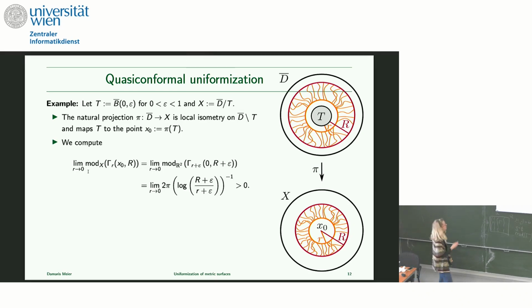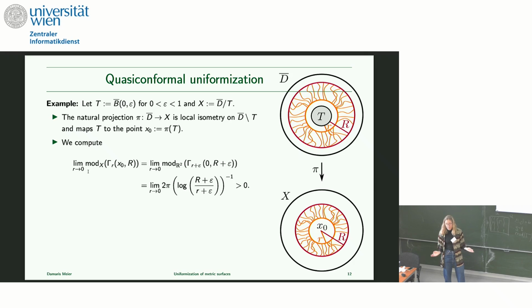And what we compute is the following. We can observe that because it's a local isometry outside of T, the modulus is the same as the Euclidean modulus of the curve family connecting the ball of radius r plus epsilon around 0 with the outside of the ball of big R plus epsilon around 0.